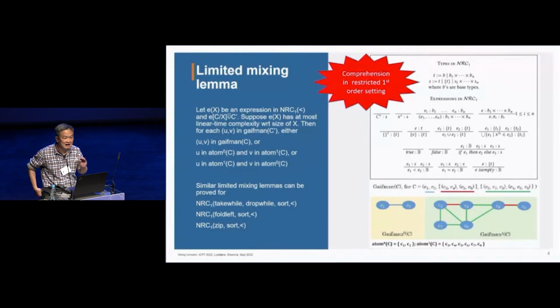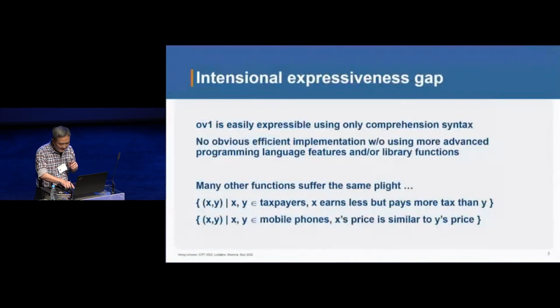Okay, this is called the limited mixing lemma. It's an intensional counterpart of the locality theorem. So what does it mean? You cannot mix. That means you cannot construct two level 1 atoms into the same tuple in the output. So it straight away tells you that, for example, this cannot be done, right?